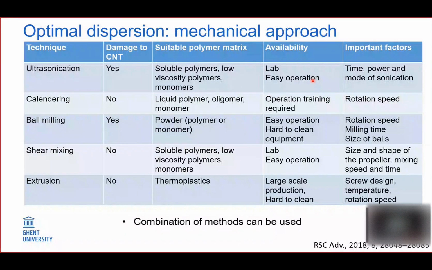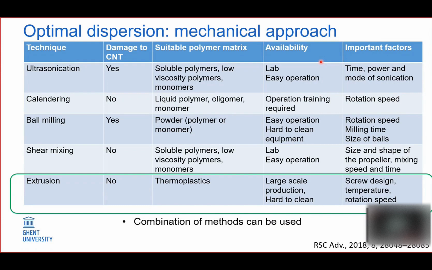The table gives some overview of the methods how to disperse carbon nanomaterials in the polymer matrix. And I will focus here on giving a research example in a case study.